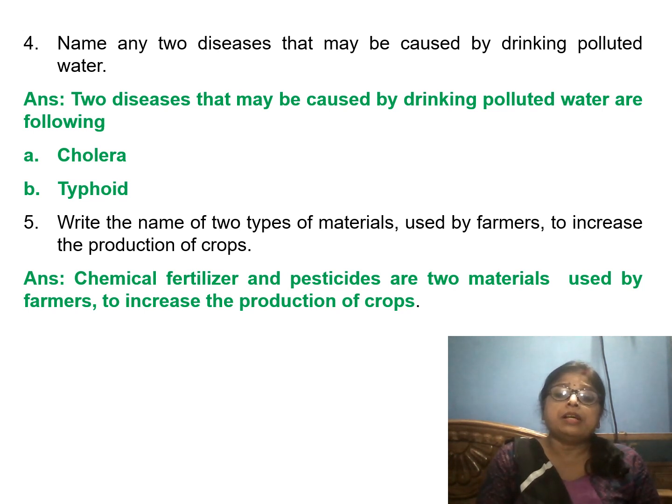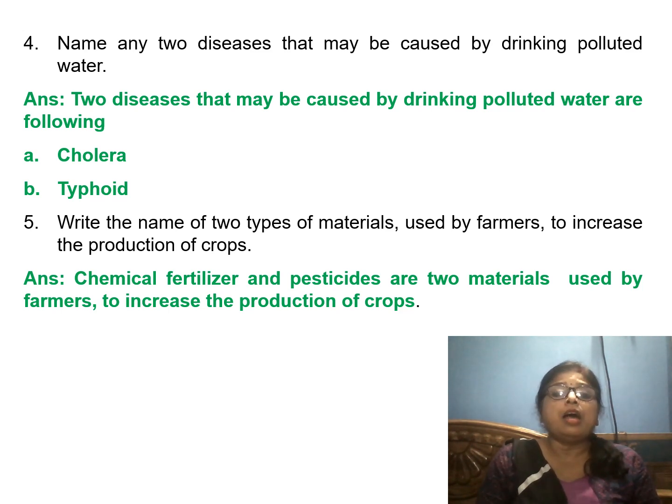Two diseases that may be caused by drinking polluted water are cholera and typhoid. Next, write the name of two materials used by farmers to increase the production of crops. Chemical fertilizers and pesticides are two materials used by farmers to increase the production of crops.